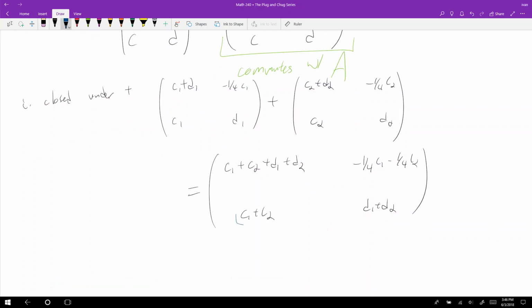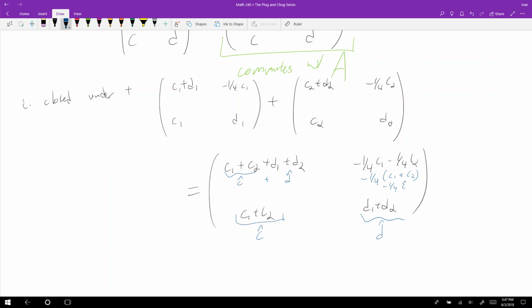If C1 plus C2 is equal to, let's say, C hat, and D1 plus D2 is equal to D hat, what do I get? Well, then this becomes C hat plus D hat, and this becomes negative 1/4 times C1 plus C2, which is then negative 1/4 C hat.